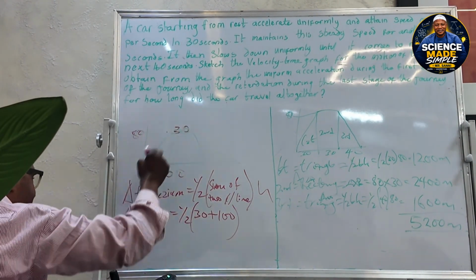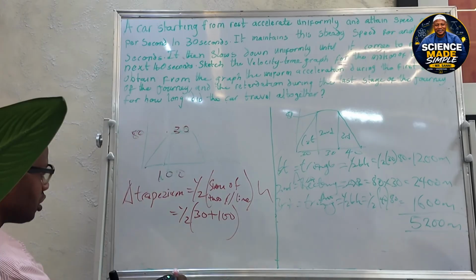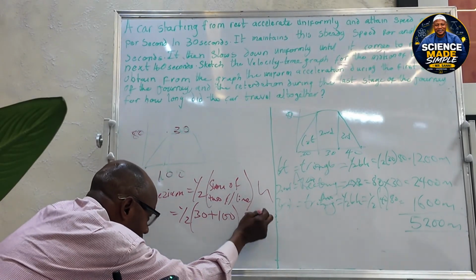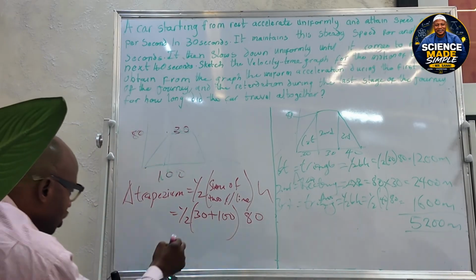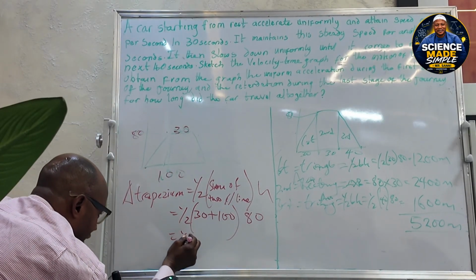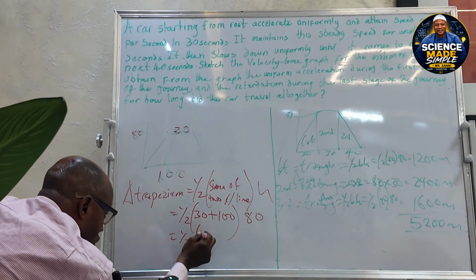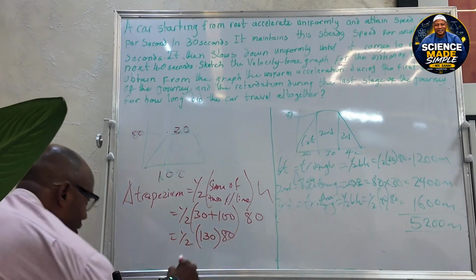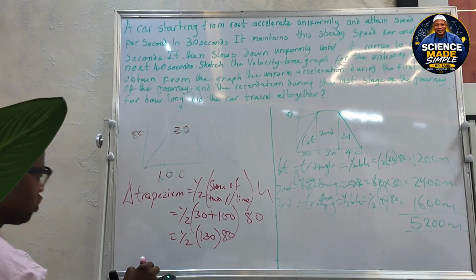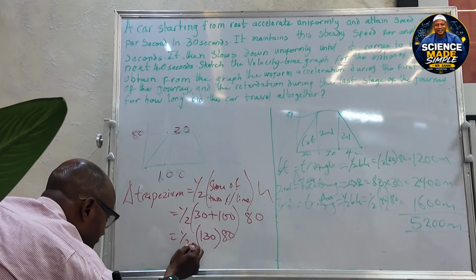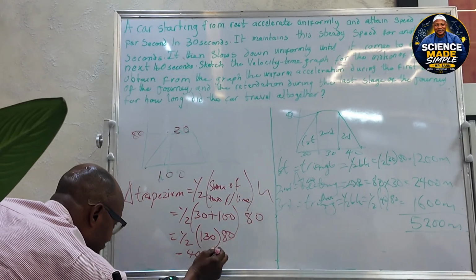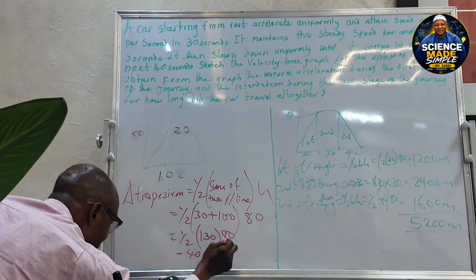From here to here is 30, one parallel, and 100. Then times the height, which is 80. This will give us half of 130 times 80, which is 40 times 130.